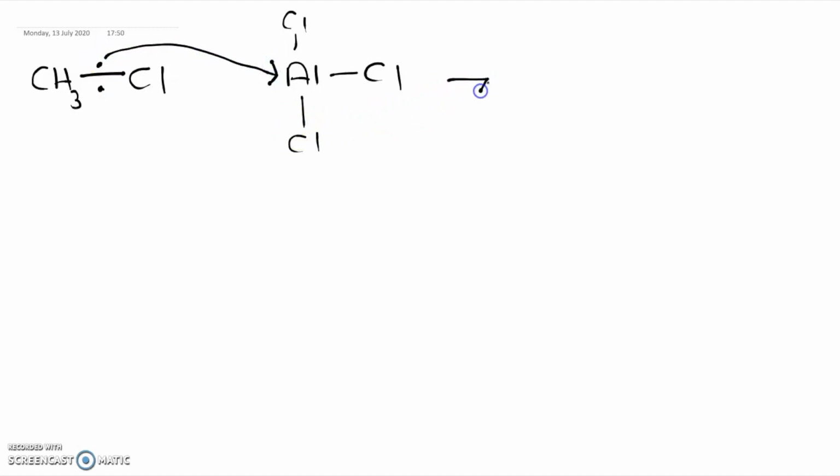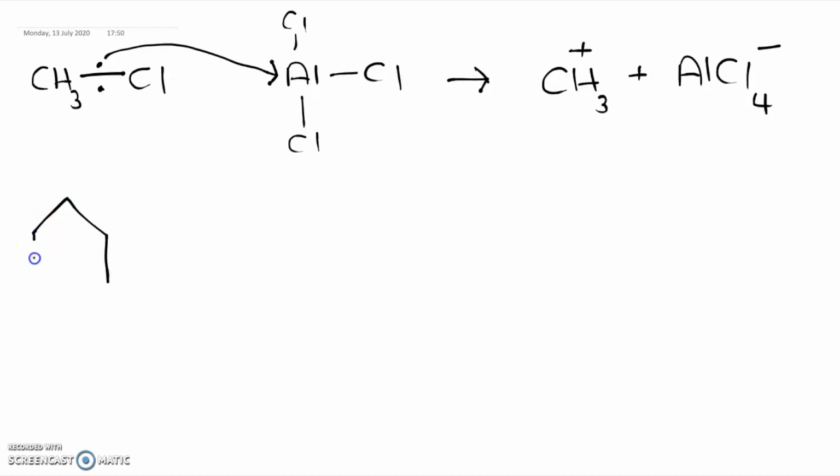So the first step is the bond between the CH3 and the chlorine breaking in chloromethane, and a pair of electrons bonds to the aluminium chloride. So a dative bond, a coordinate bond, is going to form between the chlorine from the CH3Cl and the aluminium chloride, and my two products are going to be CH3+ and AlCl4-.